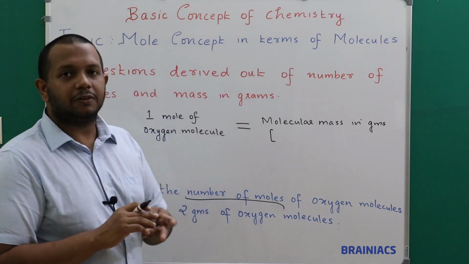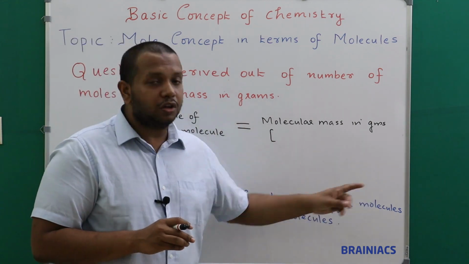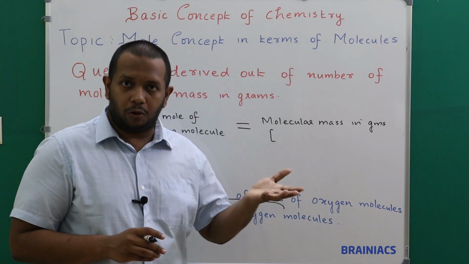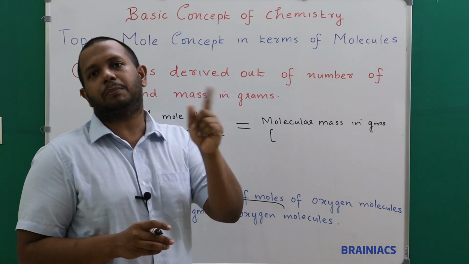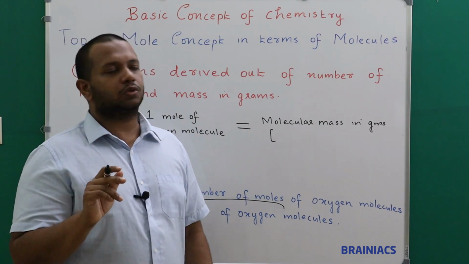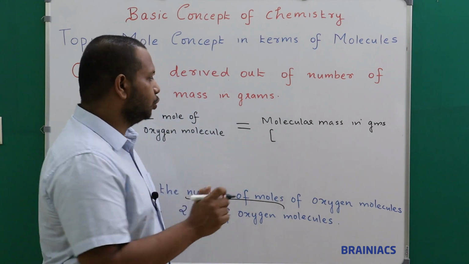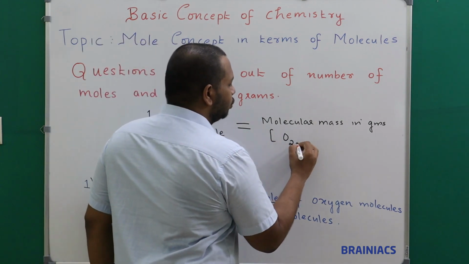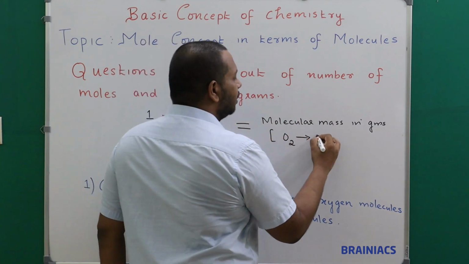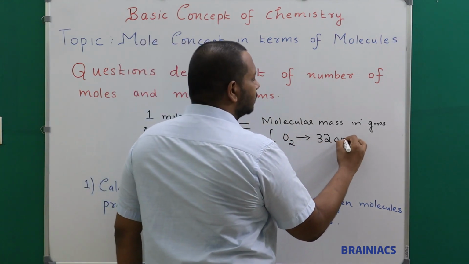Please listen here how it differs from the atomic formula. Here we are speaking about the molecule. How does oxygen exist as a molecule, whether in the form of O? No, we know that 2 oxygen atoms combine together to form an oxygen molecule. So it will be O2. So molecular mass will be how much for O2? For O2 the molecular mass will be 16 into 2, that is 32 grams.